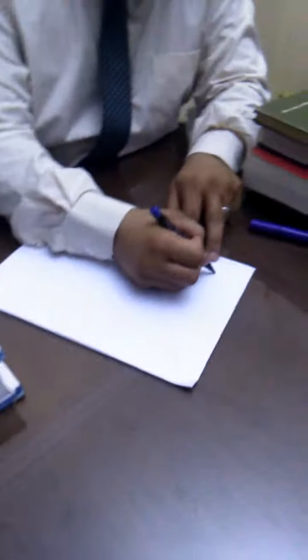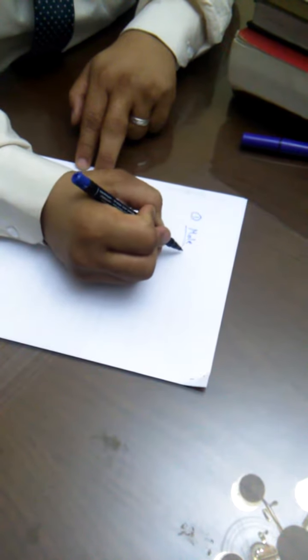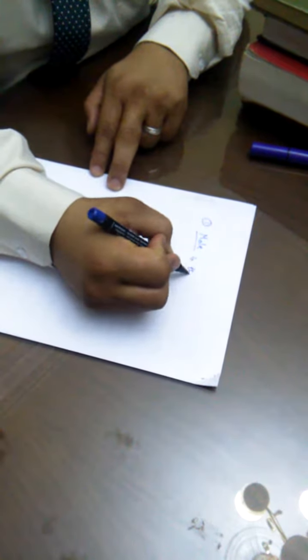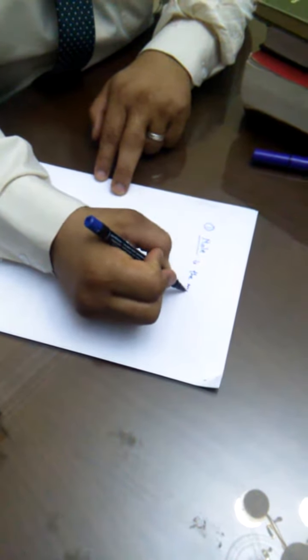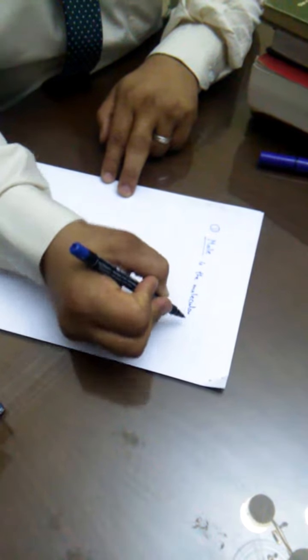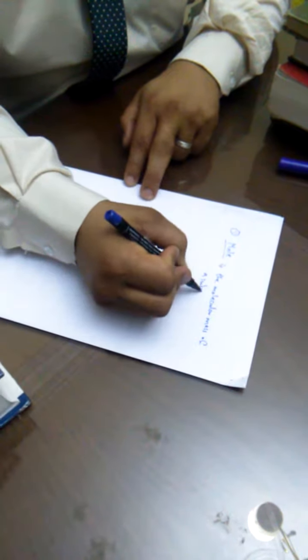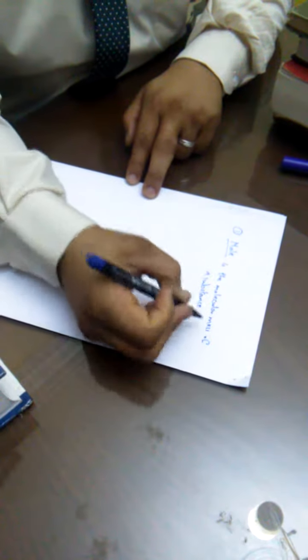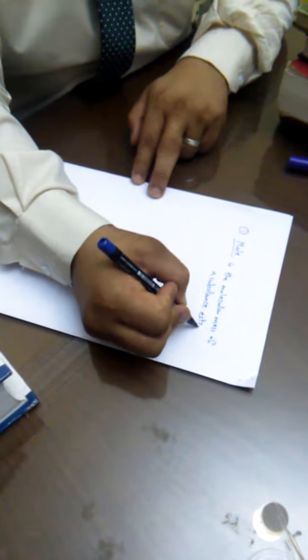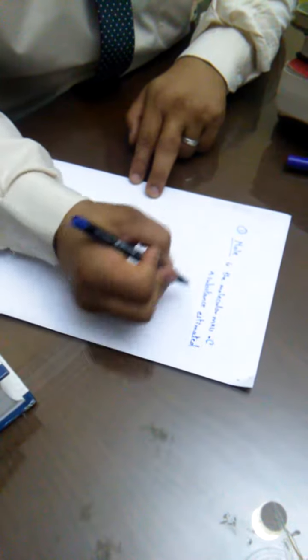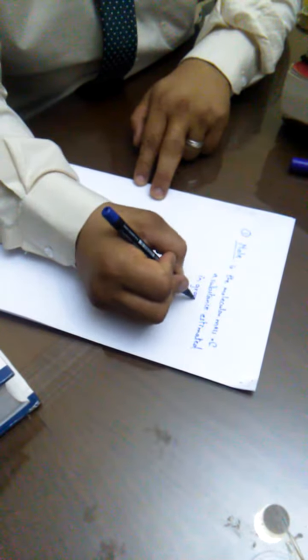At the beginning, mole has many definitions. The first definition is mole is the molecular mass of a substance estimated in grams.